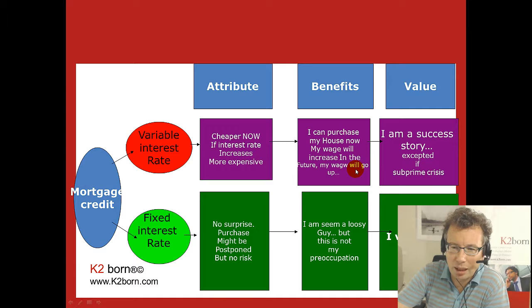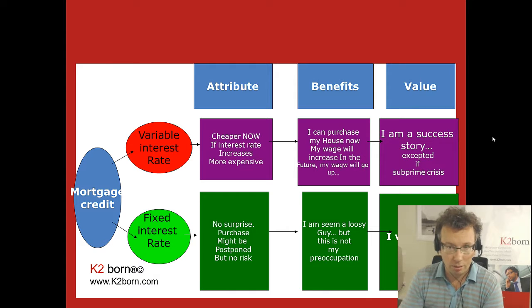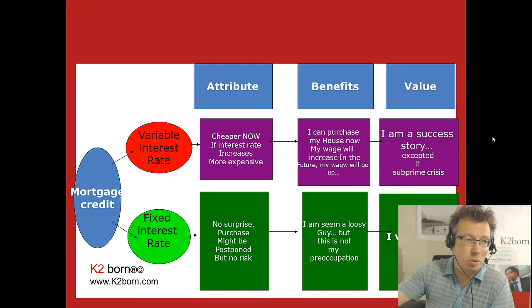So really important. Then what you can say is that in terms of value, well, I'm a success story. I can say, here I'm an owner, American dream, success story. I will create my empire. Fantastic. Well, except if you get a subprime crisis, okay?